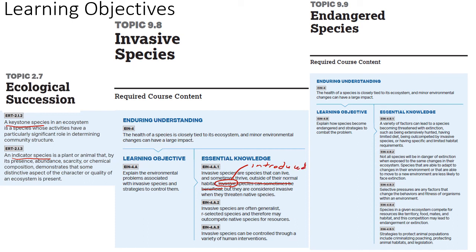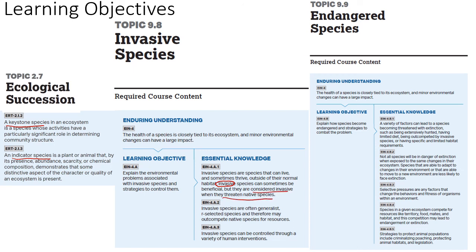So say, cows are really great because we like to eat them, but they're introduced into an ecosystem. Or maybe wild horses in the Americas, they're introduced and they've just naturalized into the North American landscape as wild mustangs. But I don't think they meant to say invasive species can sometimes be beneficial. I think they mean to say they're introduced species, and then they're considered invasive when they threaten native species.